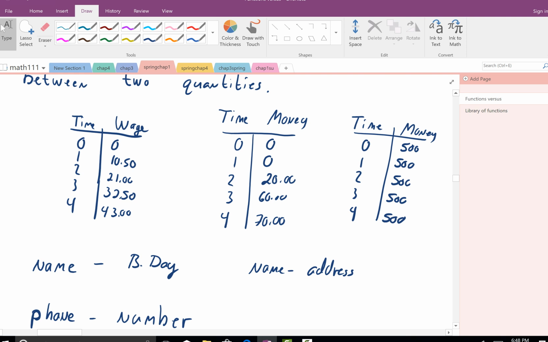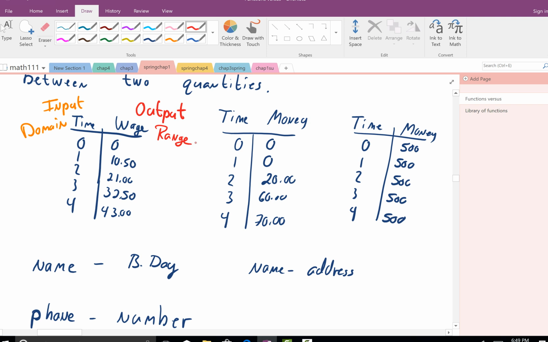We'll talk a lot about inputs and outputs dealing with functions. This here is an input because I'm putting something into it, and this is the output because I'm getting something out. Input, output. So this is a domain, that's what it's called, and this is the range.